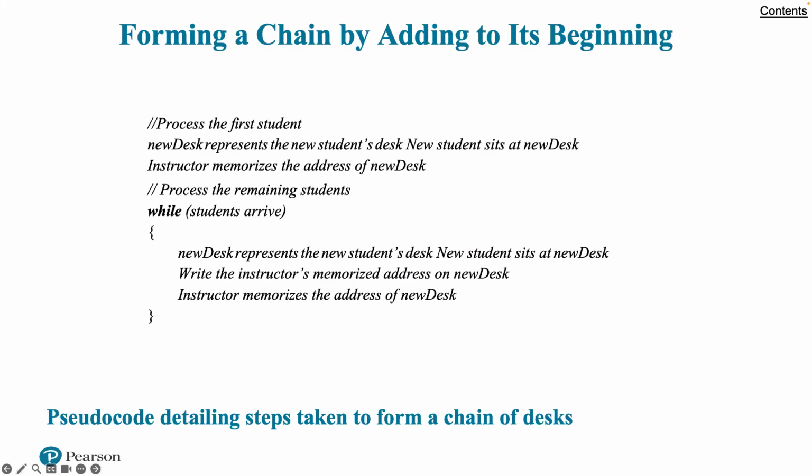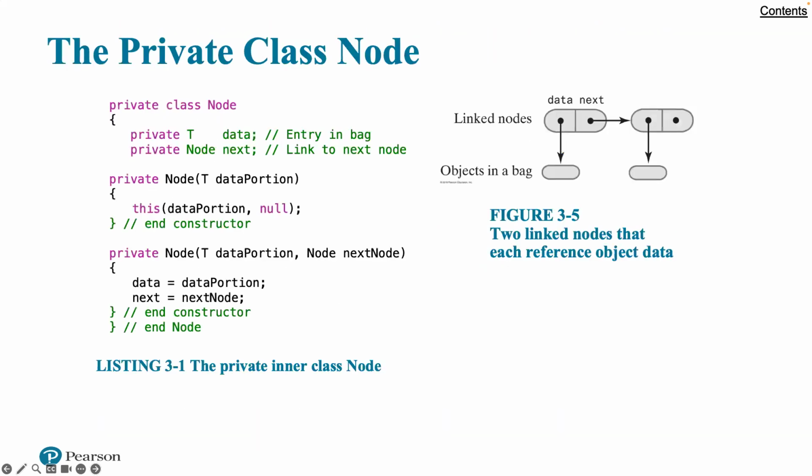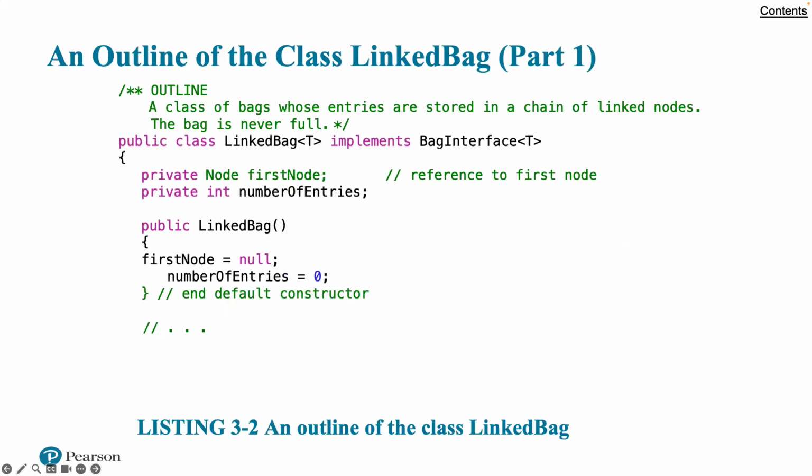So this is where we start to get into the implementation that will be producing this private class. This is a noun: we're creating a node. For each node, it has certain characteristics. Since it's a class, we have to do a constructor. There are two forms of constructors. Then we get into the methods.